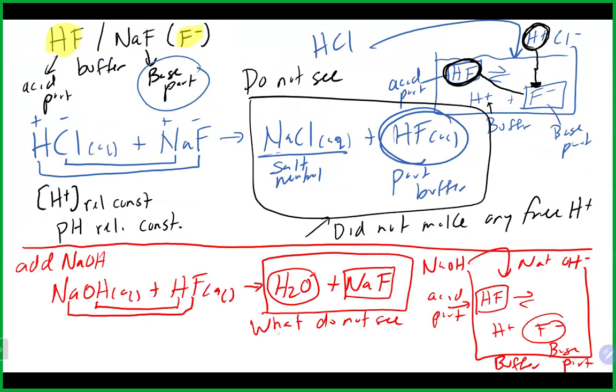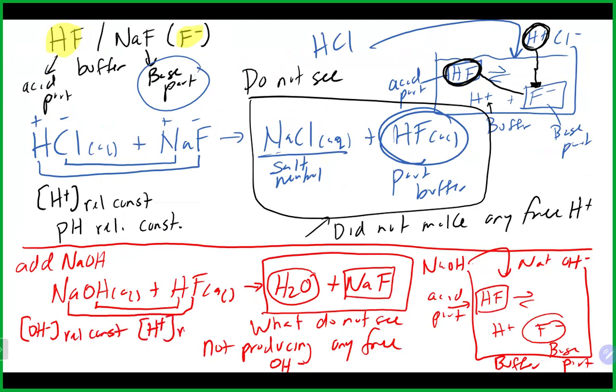And here we are not producing any free OH minus in this solution. And because of that, the concentration of OH minus stays relatively constant. And because H plus is attached to that, basically, the H plus will stay relatively constant, and thus the pH will also remain relatively constant as well.